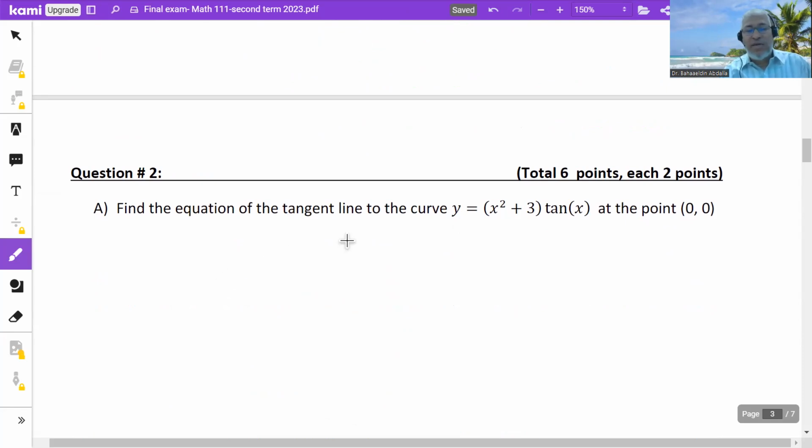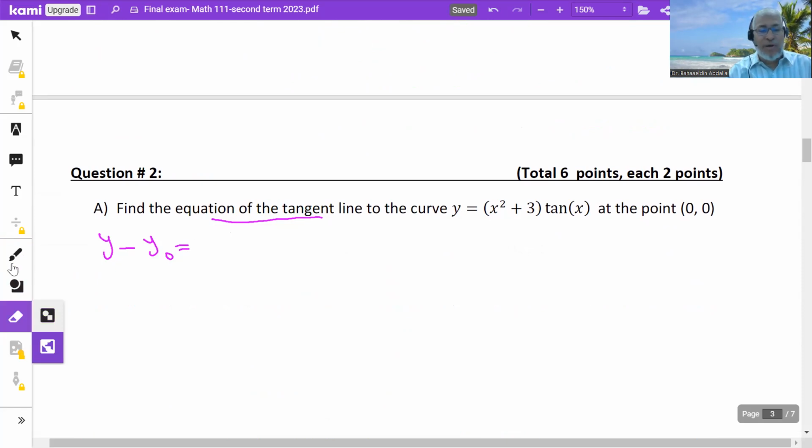Find the equation of the tangent line to the curve at the point (0, 0). The equation of the tangent line is the equation of a line: y minus y0 equals the slope times x minus x0. The slope is y prime or f prime, the derivative at the point.